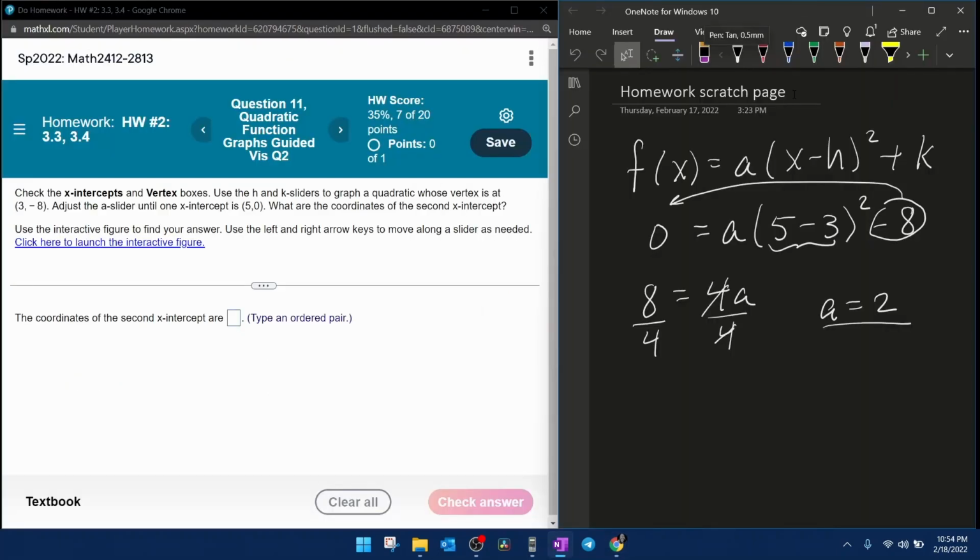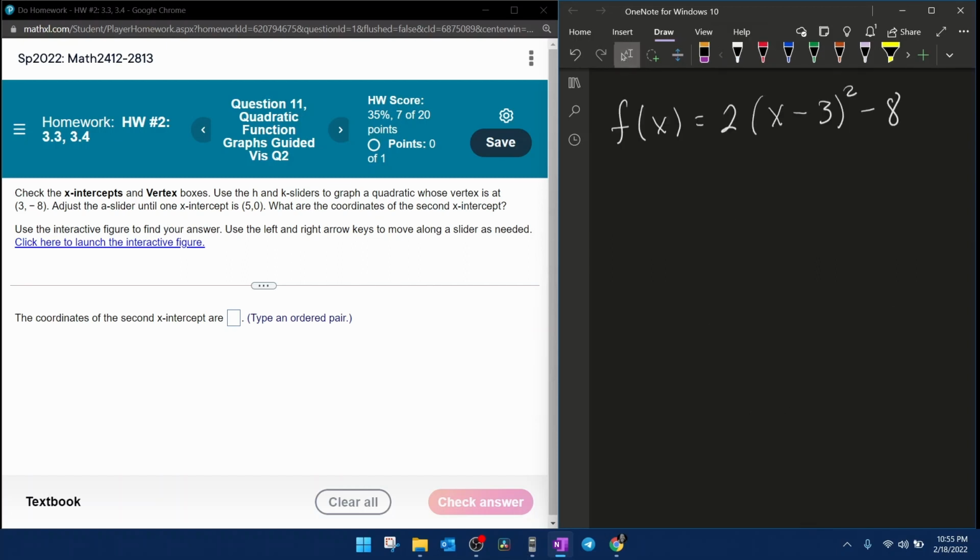Okay, once we have our a value, we're going to come back to our vertex form of the quadratic function. We're going to replace a, h, and k with what they were given to be. So 2(x - 3)² - 8.